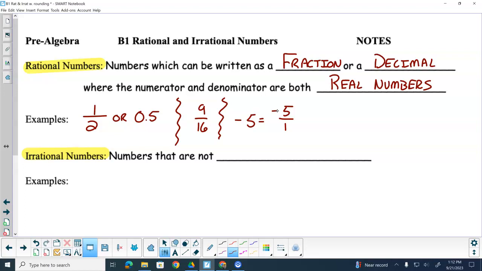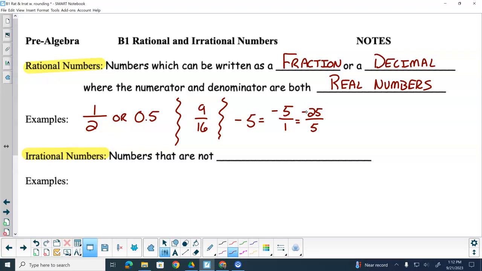Or, if we wanted to, I could write it like that, 25 over 5. That's still equal to 5. Still makes it rational. Or negative 5, I should say. So we can write lots and lots of numbers as rational.